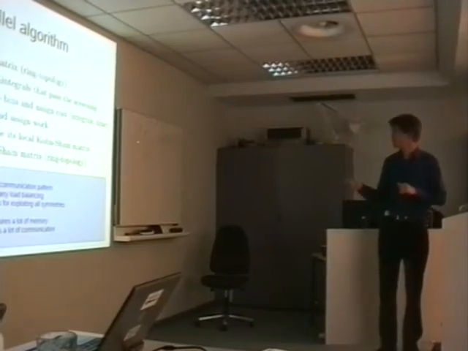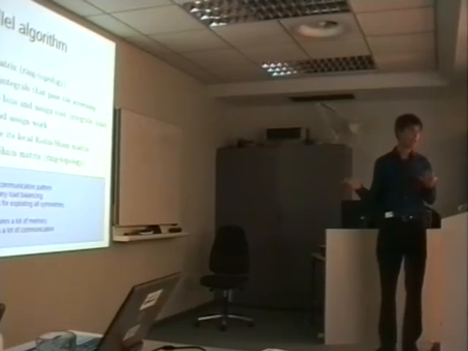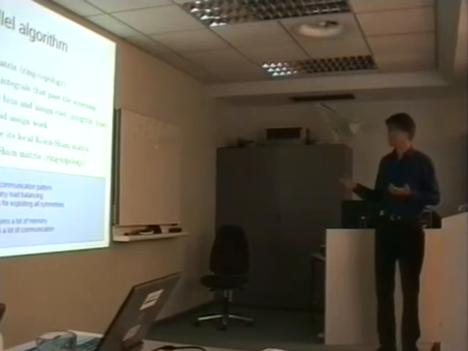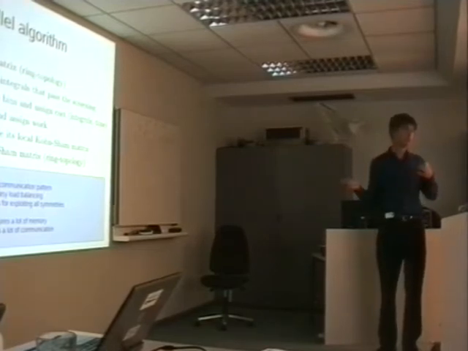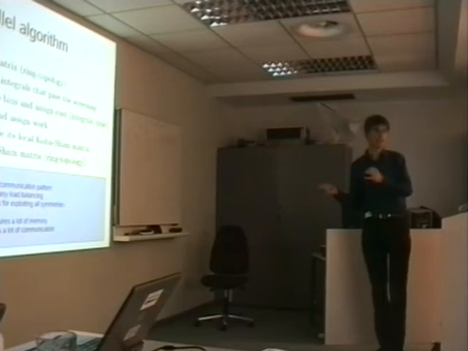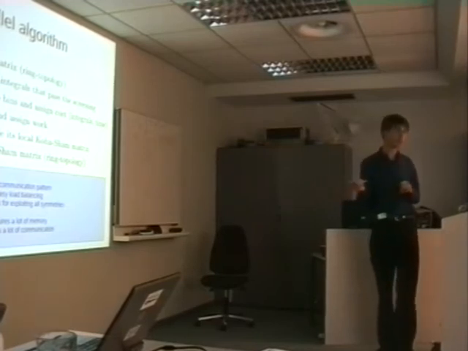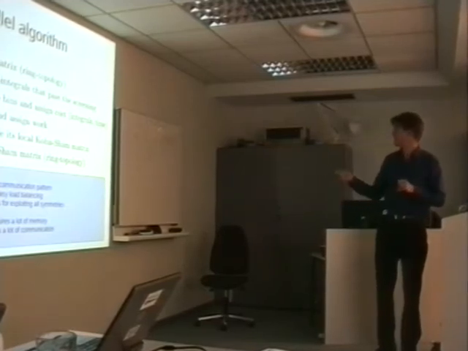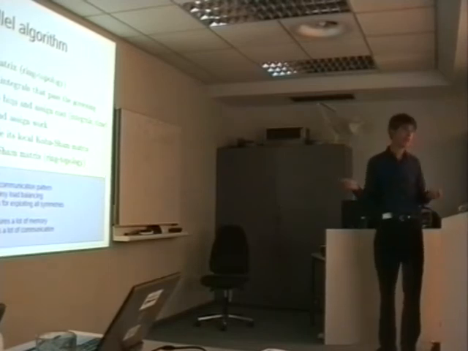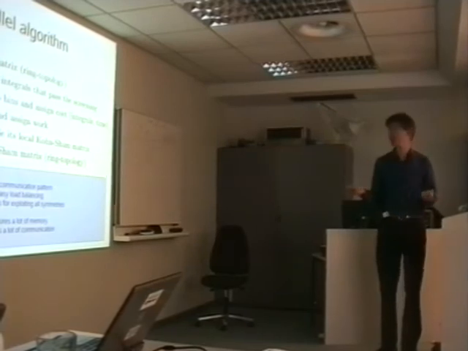We fully distribute the matrix M, obviously, because it's huge, but we replicate the vector. So each MPI task has the full vector local. Given that this is a vector with 10 to the 9 elements, it's a really big amount of memory, quickly a gigabyte.